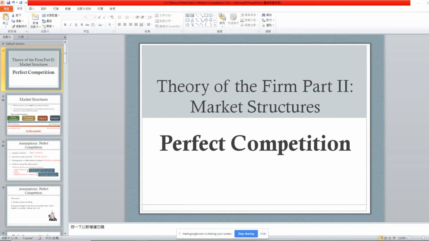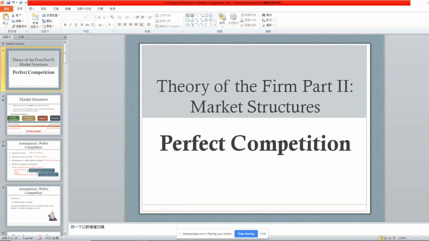Make sure you are not confused by that. For the SL curriculum you are in macroeconomics, but for HL contents you are still in the final part of theory of firms, which is part of microeconomics.